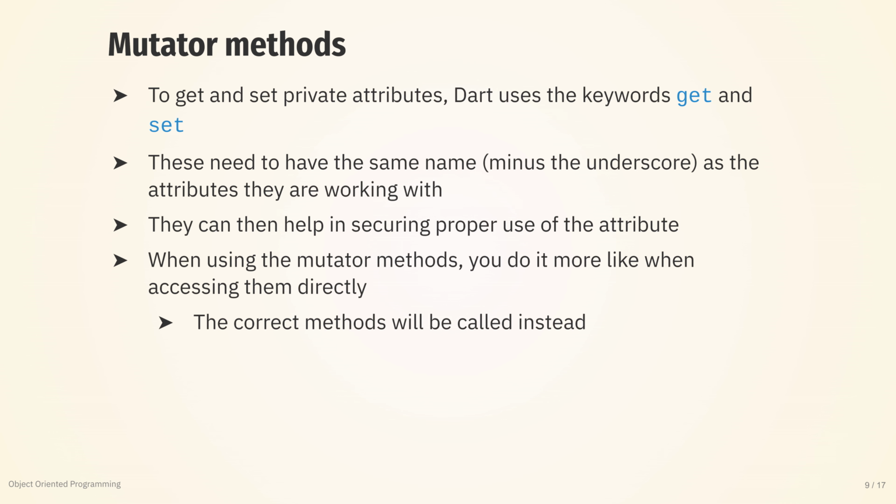This makes it fairly easy to create getters and setters for the different attributes that you have. And this helps in encapsulation, in making sure that the object isn't treated in a wrong way.